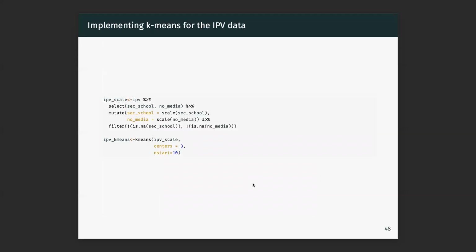So we can use the k-means algorithm in R with the k-means function, right? So we can say, take this IPV scale variable, and let's say there are three latent groups in it, and I want you to start at 10.